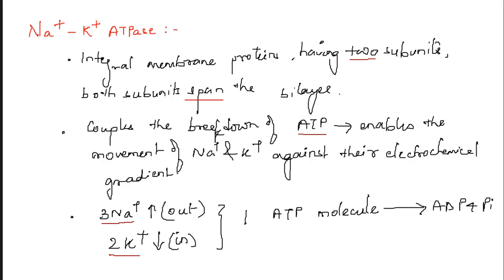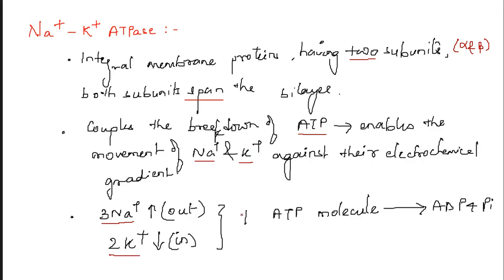So I am again repeating what we studied: sodium potassium ATPases are integral membrane proteins having 2 subunits, alpha and beta, and both the subunits can span the lipid bilayer. The transport of sodium and potassium is against the concentration gradient, and it is coupled to the hydrolysis of ATP.